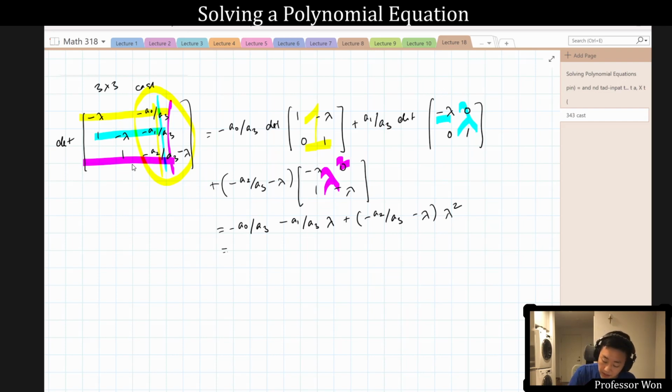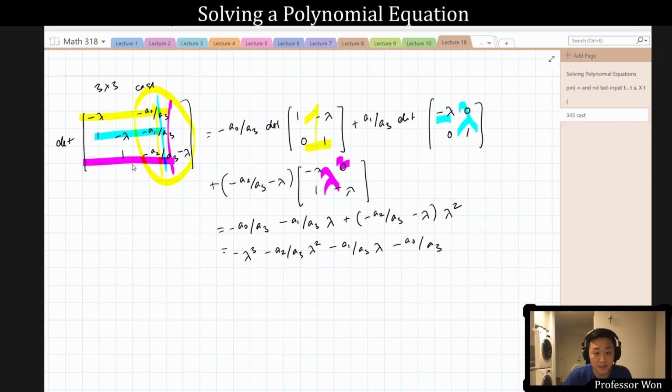So in the end, what you get is negative lambda cubed minus a2 over a3 lambda squared minus a1 over a3 lambda minus a naught over a3. And so if you multiply that whole thing by a3, you'll get negative times the polynomial that you started with, negative p.